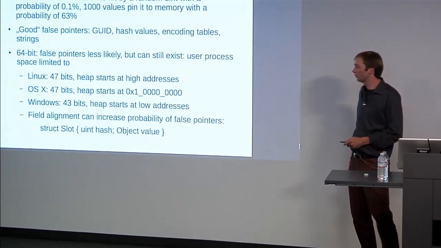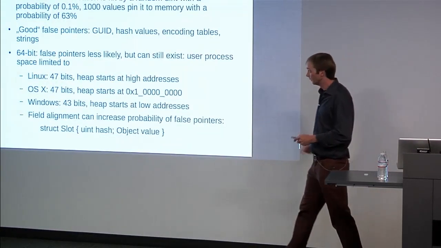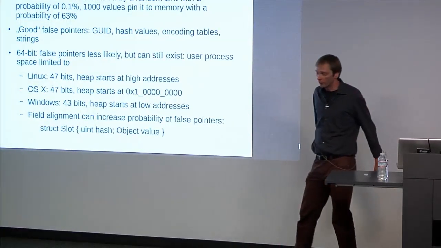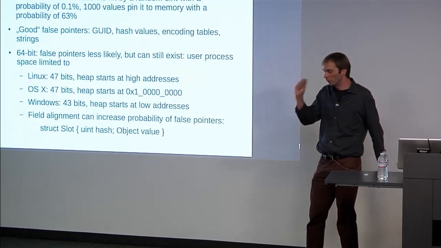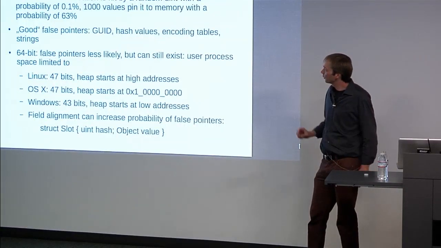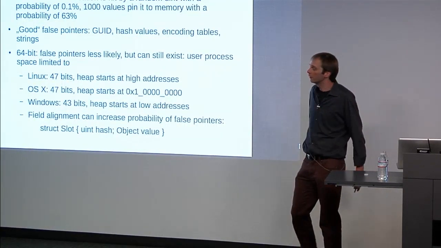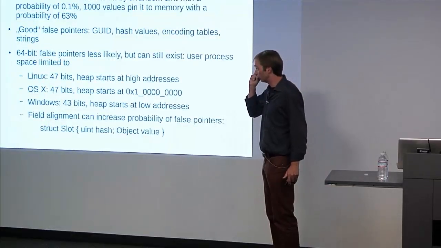So for 64-bit, it doesn't look that bad, because you have to hit a lot smaller part of the address space to generate a false pointer.